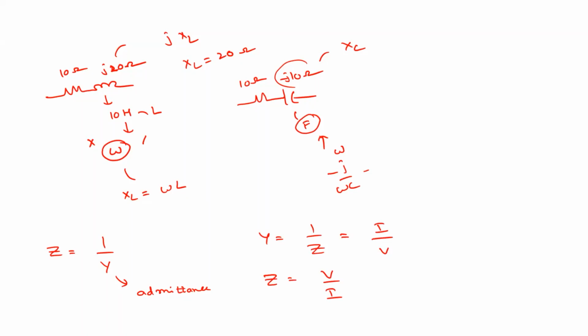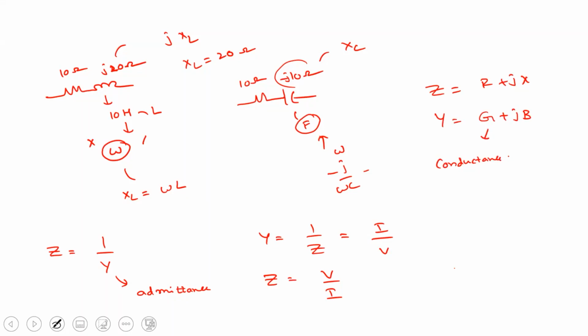So we have Z equal to R plus jX format. Similarly, Y will be in G plus jB format.